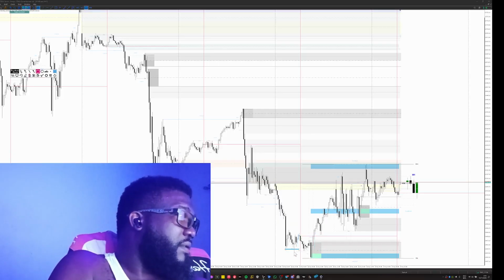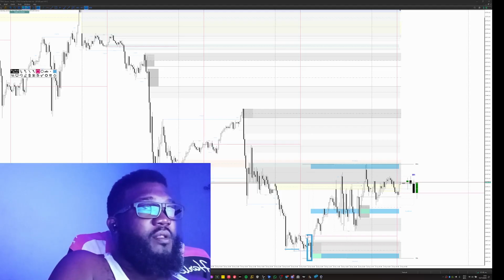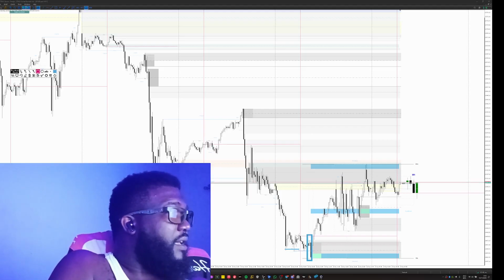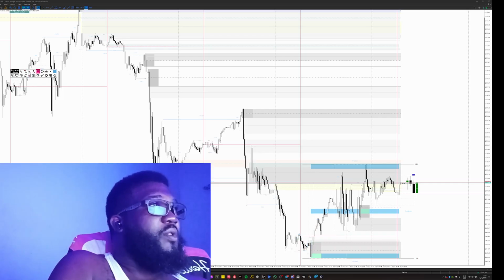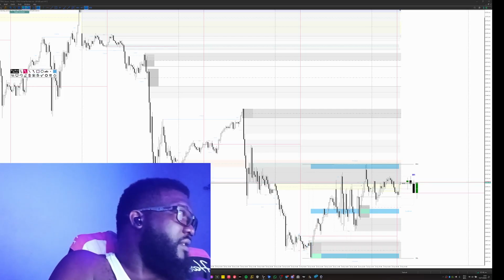So we took this liquidity, took it again here before we finally decided to break back up to the upside. Went above the midnight open and then we started to form some bullish price action to bring us higher.